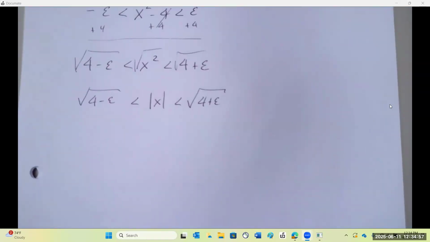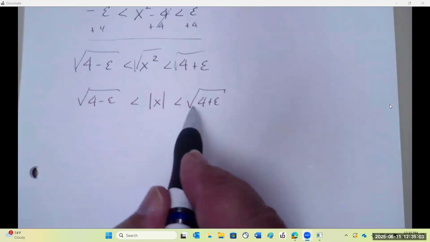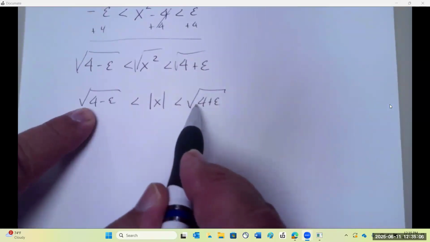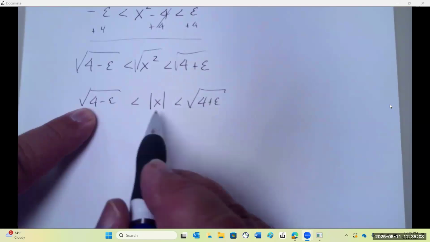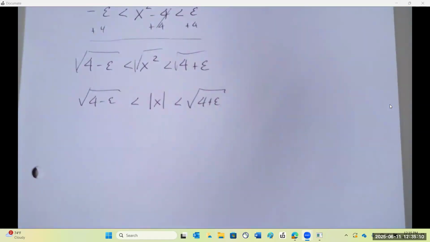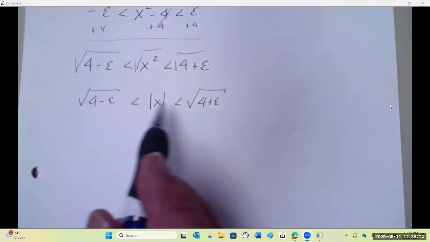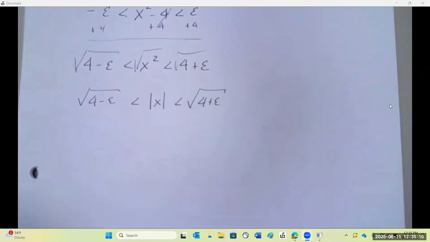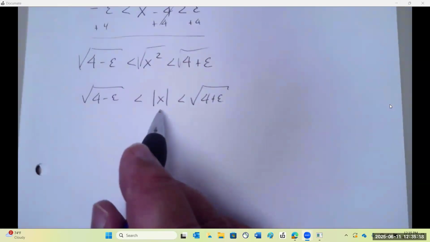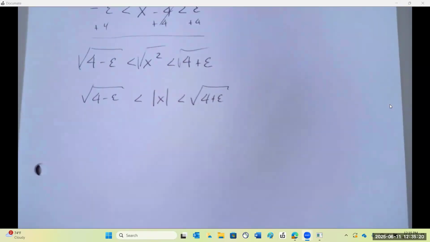Because remember, whenever you take a square root of an x squared, the answer is always plus or minus. But because we have radicals here, can they be negative? No. So that's why we have to take the absolute value of it. But because they are radicals, they can never be negative. Do we need the absolute value there anymore? Because now we're restricted. Our domain is now restricted to only positive values of x.